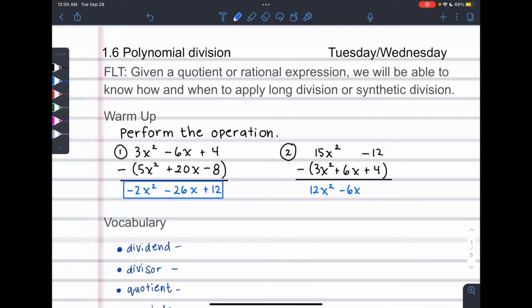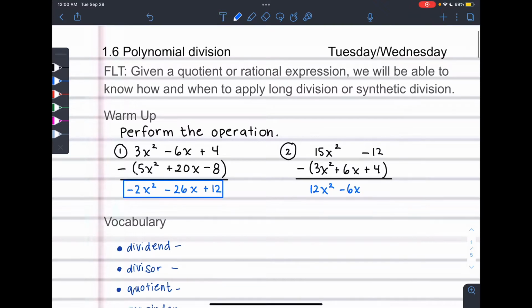And negative 12 minus 4 gives us negative 16. Okay. So the final solutions are right here. It's going to be important for us to understand subtraction specifically for today's lesson.